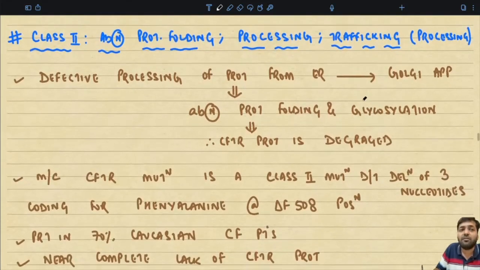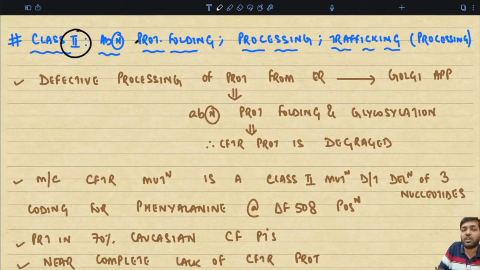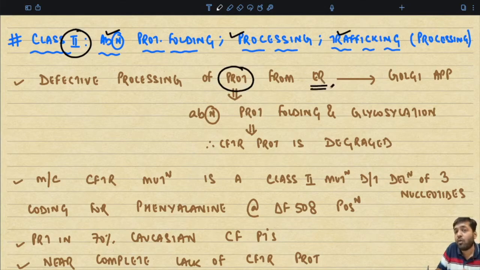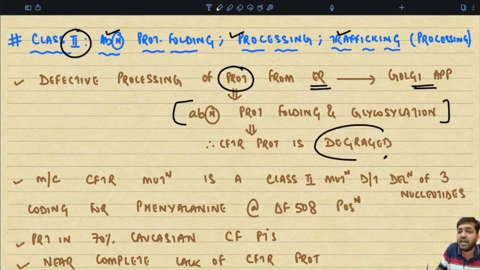The second class, the class 2 mutation, is characterized by abnormal protein folding, processing or trafficking. Defective processing of the protein occurs while it is on its way from the endoplasmic reticulum to the Golgi apparatus. Because of this, there is abnormal protein folding and glycosylation. Therefore, these misfolded proteins are finally degraded.